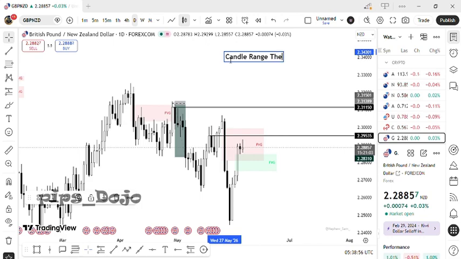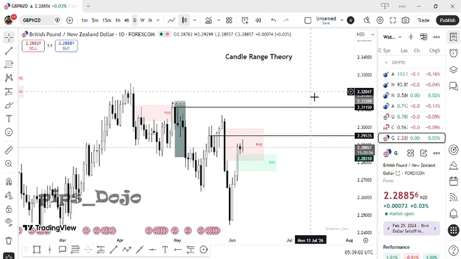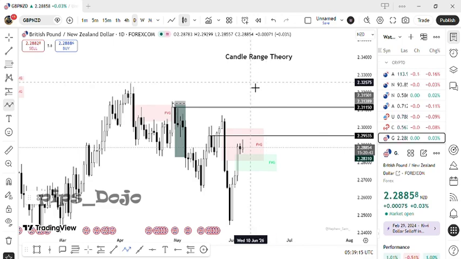In case this is your first time hearing of the strategy, or in case you've been thinking about how to go about the strategy: CRT is simply a model of trading that follows the power of three, something like accumulation, manipulation, and distribution, where you have a range.